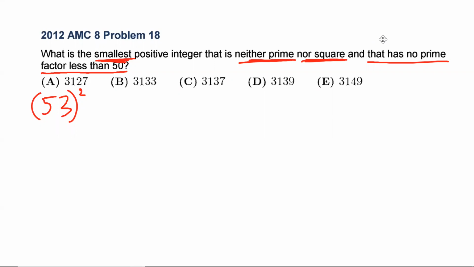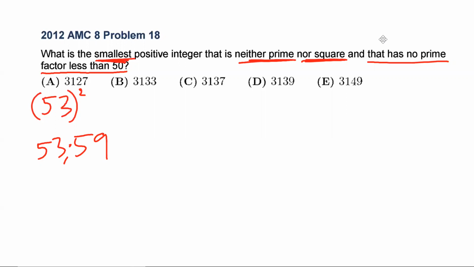And the next prime number after 53 is 59. So then with these two numbers, the smallest number you can make is 53 times 59. And it satisfies all the conditions. 53 times 59 is not prime.